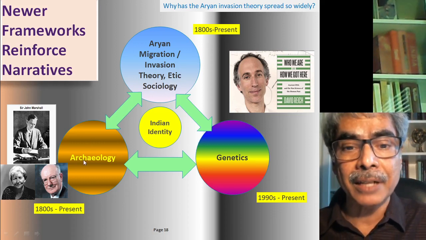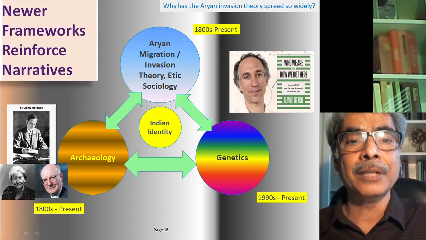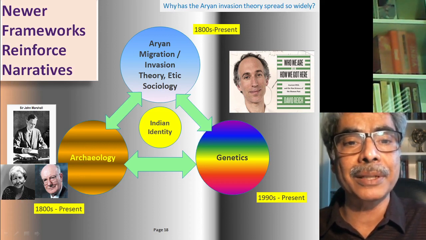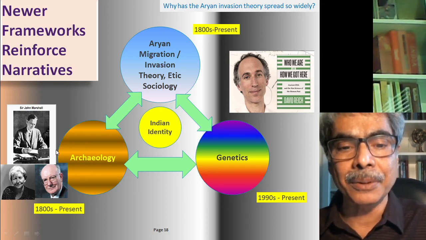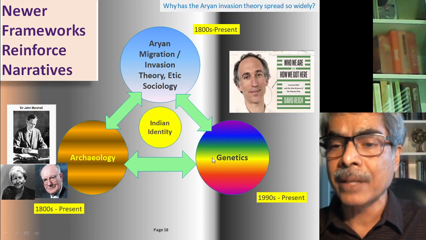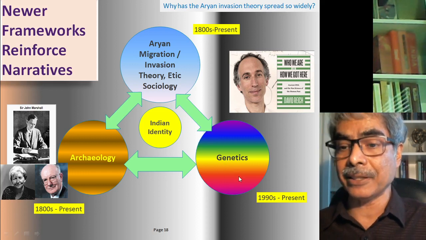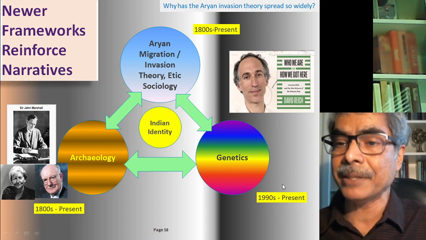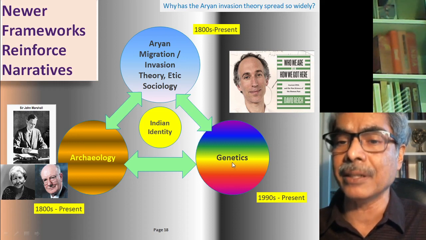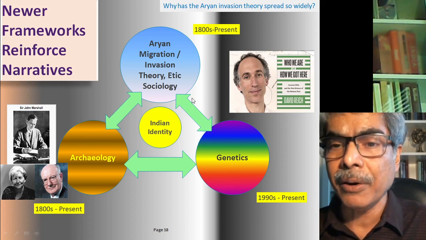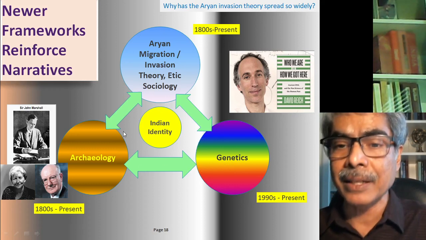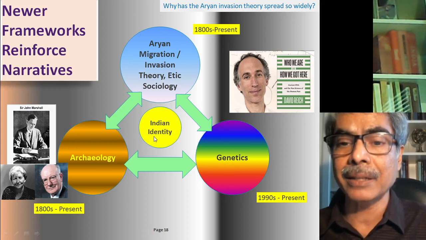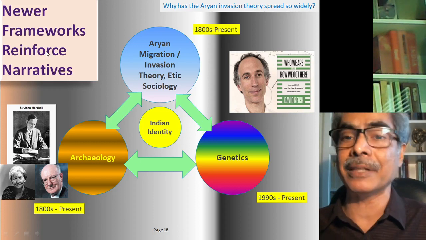Hand in hand with archaeology, we already talked about Maria Gimbutas, we talked about Colin Renfrew. Marshall was one of the persons who discovered the Harappa civilization, for example, so from 1800s to present. And in present times, genetics is also big from 1990s to present. For example, David Reich and other such people. And their works too, with circular dependencies, they directly impact the Indian identity as well as our history.